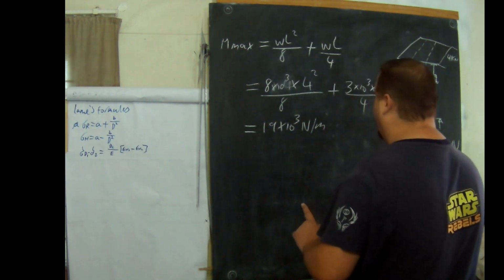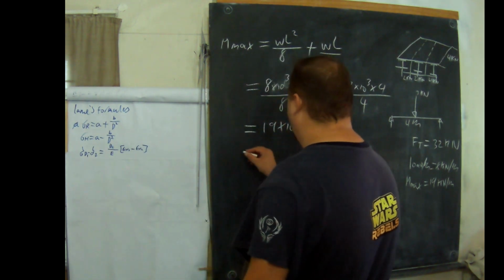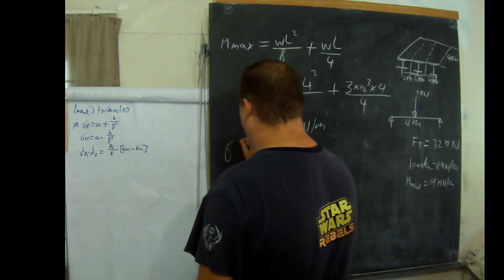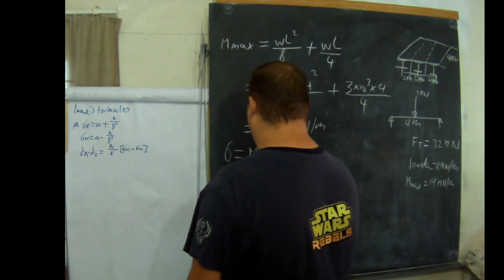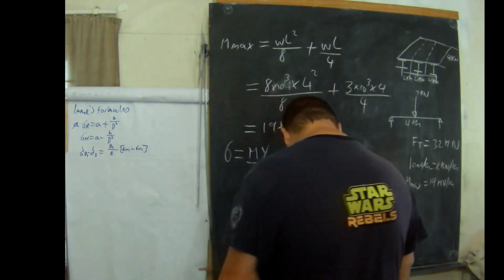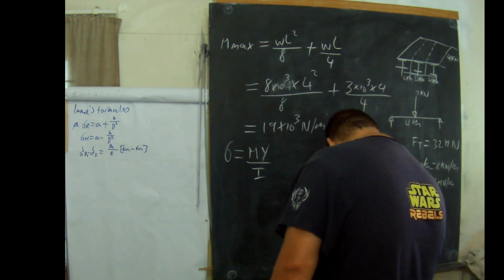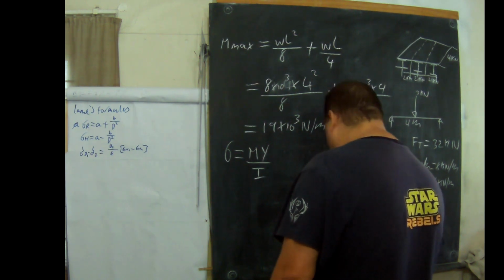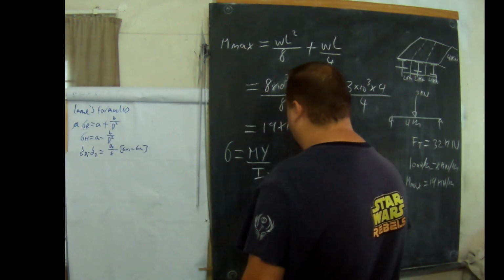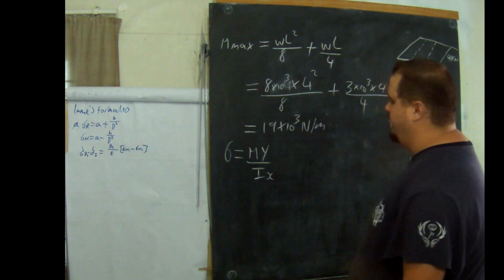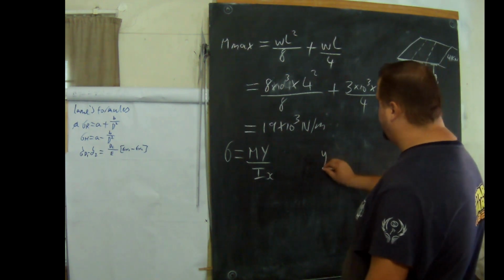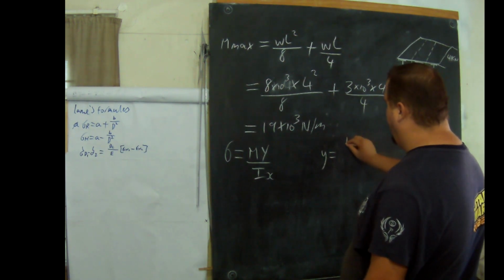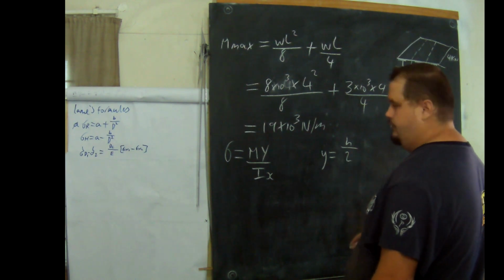Okay, now we must remember that sigma equals M Y over I. Now we're going to use Ix. To get Y, Y equals H over 2.